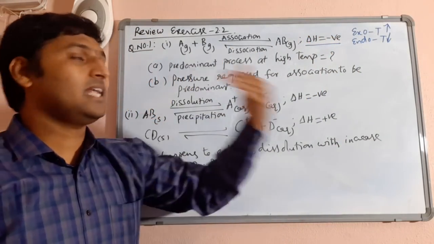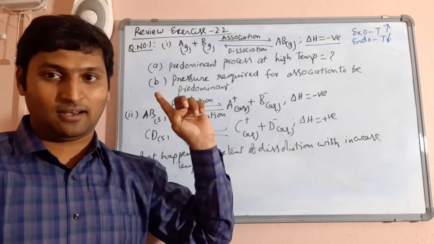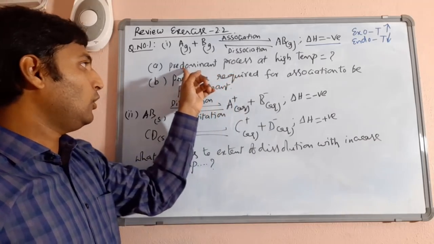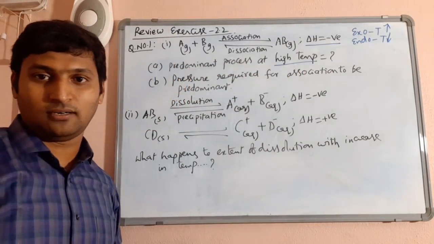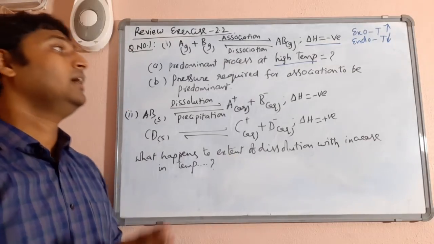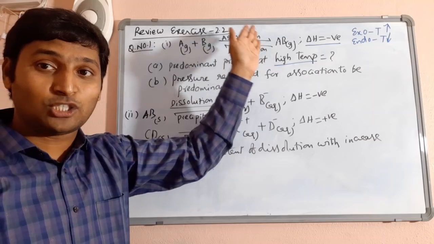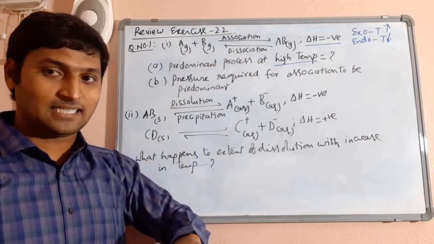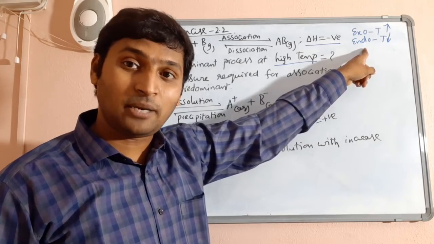Now, externally, what if I do something? Opposite happens. So he is saying externally I am increasing the temperature, means I am maintaining high temperature. When I increase the temperature, the system would like to shift to a direction where there is decrease in temperature. In which direction there is decrease in temperature? Endothermic direction.